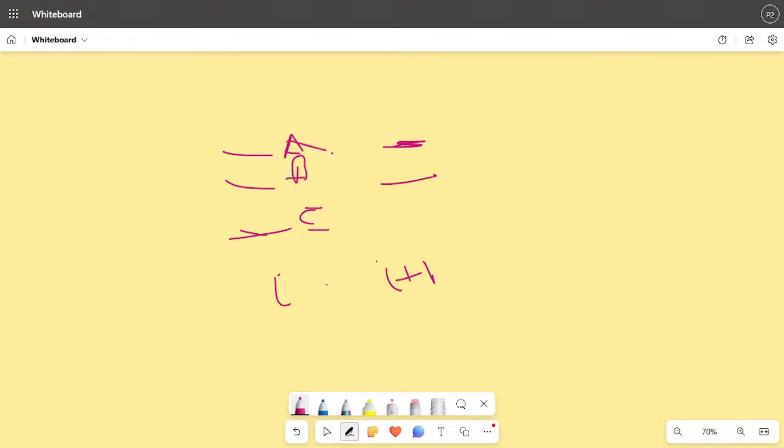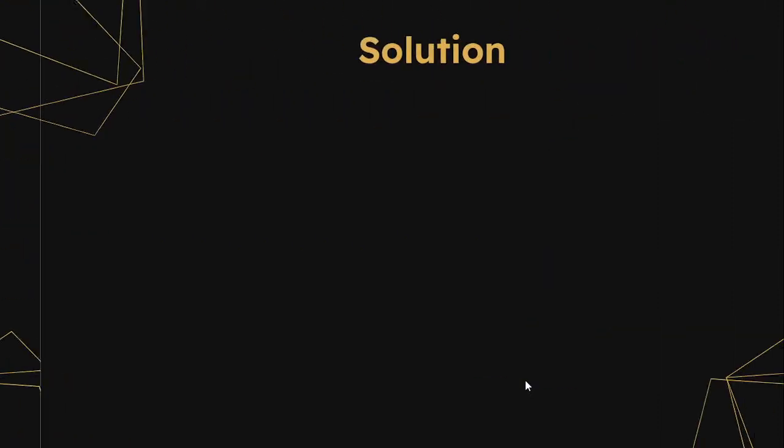Similarly, for B it will either come from this or this, and C will either come from this or this. So taking these values, I can simply keep on creating a DP of 3 into n, and the last state of that DP will tell me the answer. So let's look at the code once.